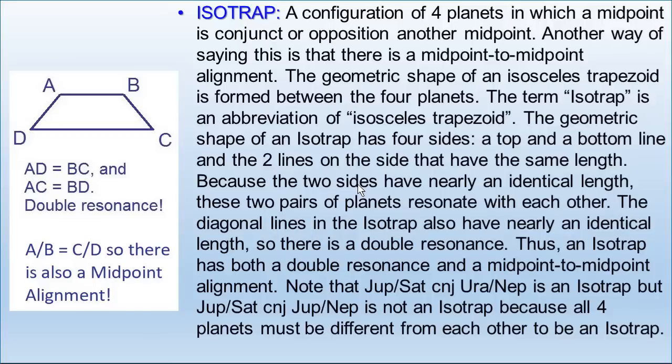Let me just use the example here: AD equals BC, and AC, the diagonal, is the same as BD. Double resonance. And that double resonance makes all 4 planets integrate together into a very tight system.